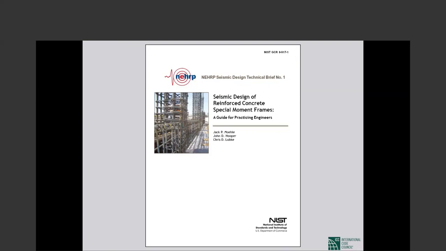As you see, this has now gone through an update. These are available on the internet totally free of charge. If you Google NIST Tech Brief, you will see there are now approaching 20, I forget, 16, 17, something like that. All of them are available to you free of charge, and I would strongly urge you to get hold of them and take a look.